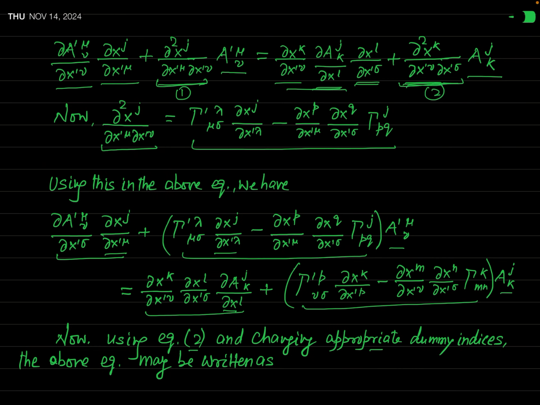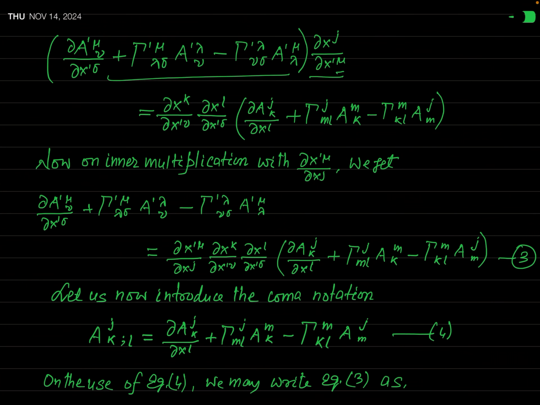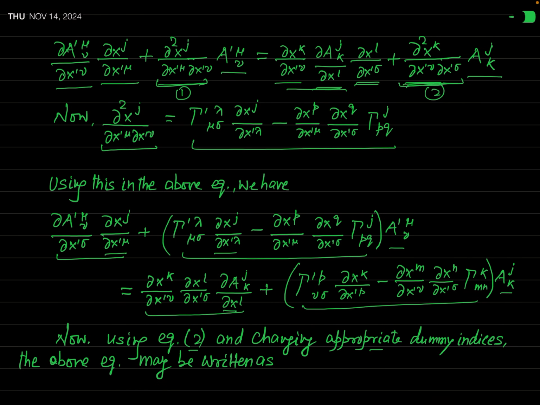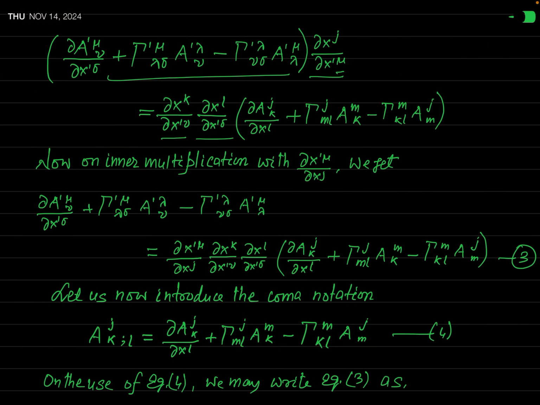And similarly in the RHS, when you take this first term, this will be ∂xk/∂x'μ times ∂xl/∂x'σ, and ∂Ajk/∂xl, okay, this is present here.